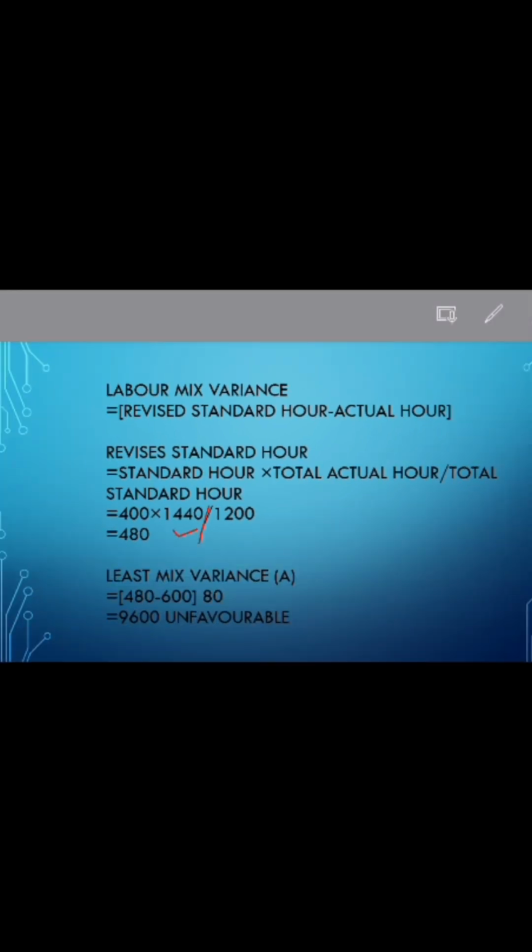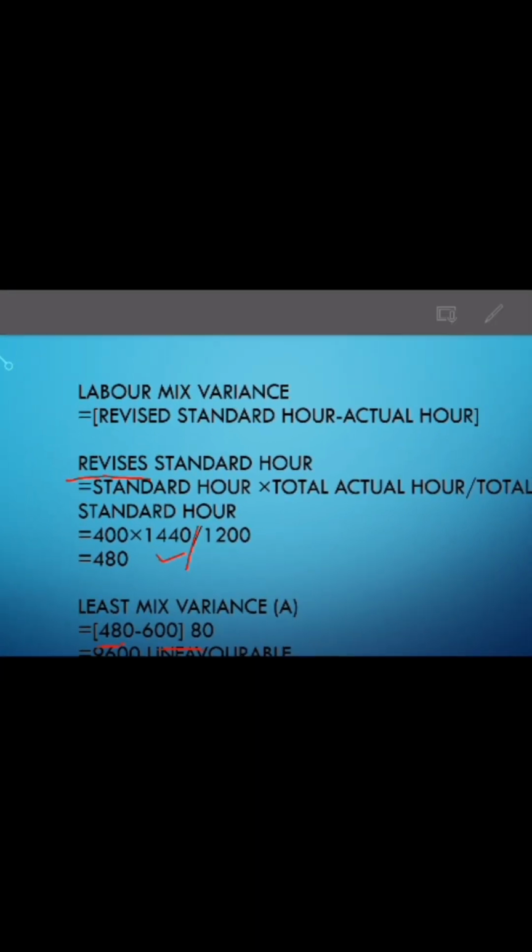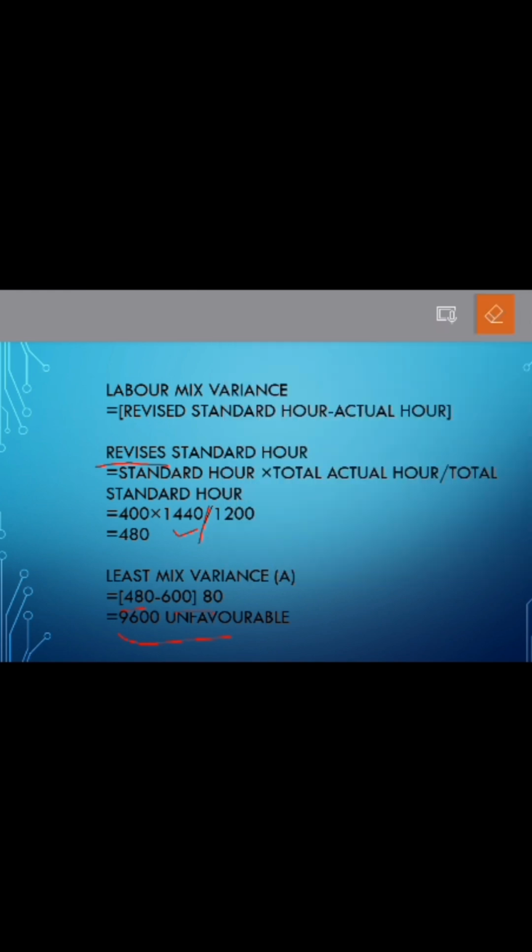And labor mix variance is equal to the revised standard hour 480 minus actual hour 600 into the standard rate. Therefore 9600, which is in minus, so it is unfavorable.